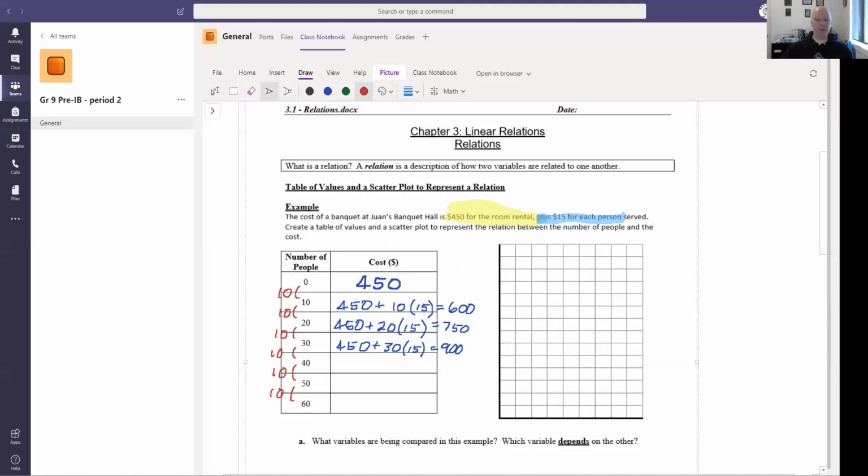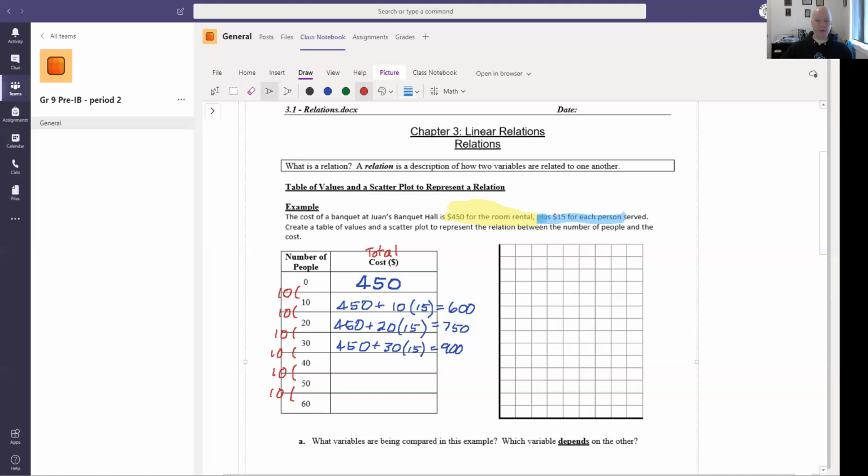And actually, I'm going to put up here total cost, because this is the cost of the number of guests, the meals that they eat, in addition to the room rental of $450.